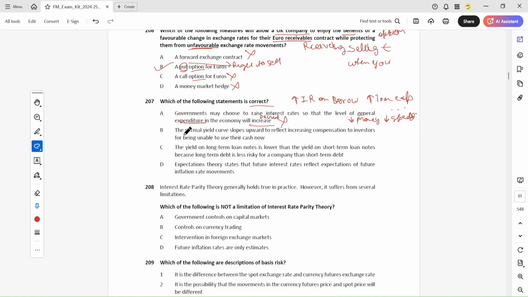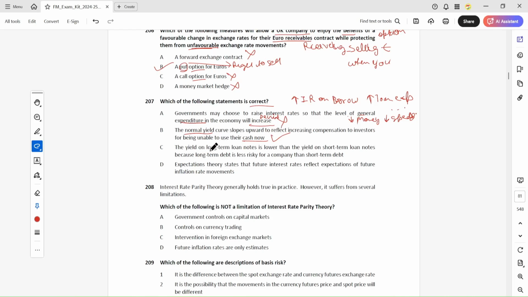The normal yield curve slopes upward to reflect the increasing compensation to investors for being unable to use their cash now. This is the liquidity preference theory, which says that the increase in compensation is due to being unable to use their cash now.